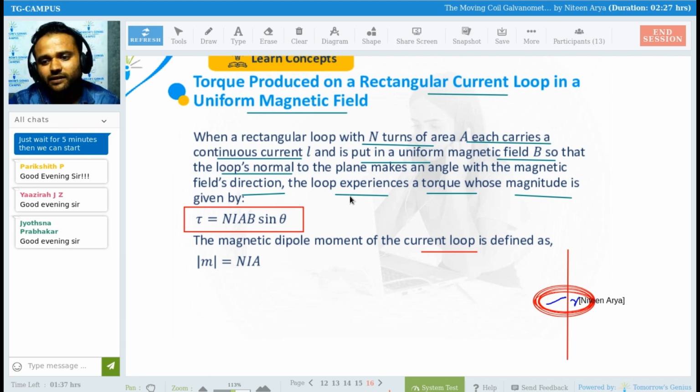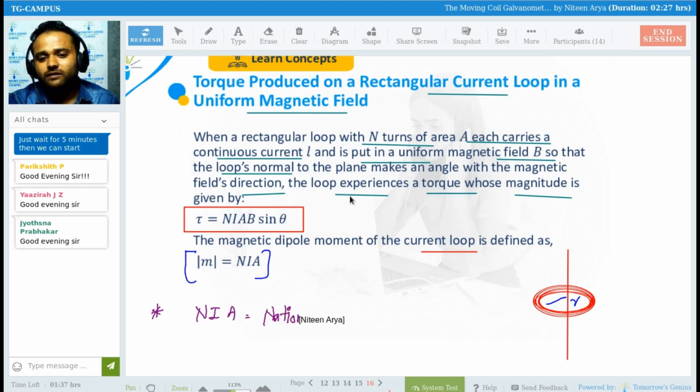I mean, this is your axis and this is your radius. So for the magnetic moment, instead of IA, we have NIA, National Investigation Agency. You can remember it like this also. I remember it in this way, if you want to remember. Okay. NIA, National Investigation Agency.